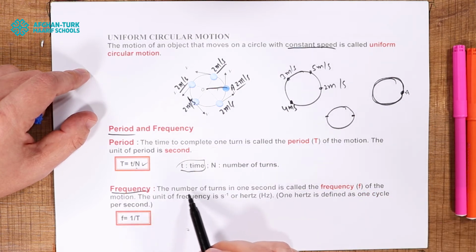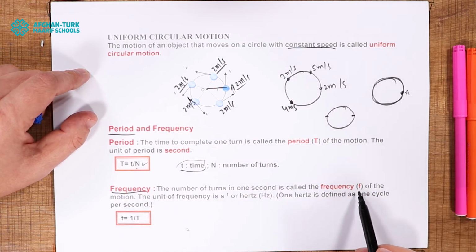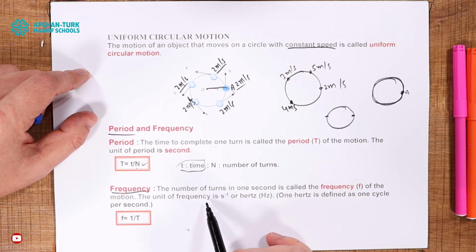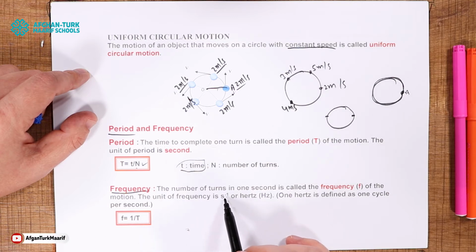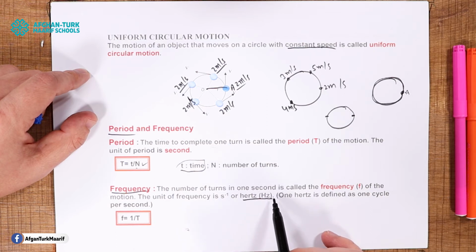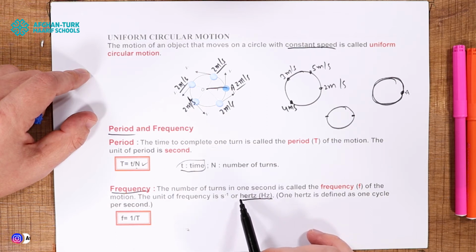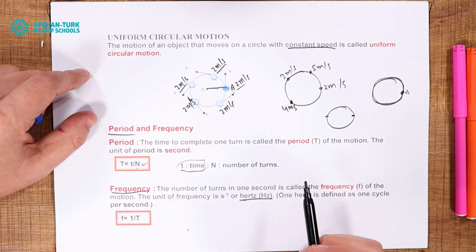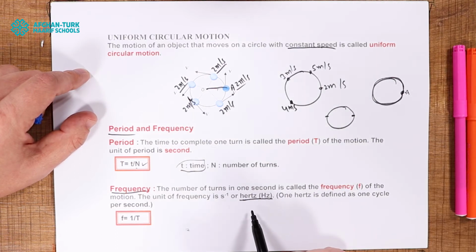Let's see the definition. The number of turns in 1 second is called frequency, which is denoted by small f. The unit of frequency is s to the power minus 1, or hertz. This is the unit of frequency, which is usually used in simple harmonic motion and so on.